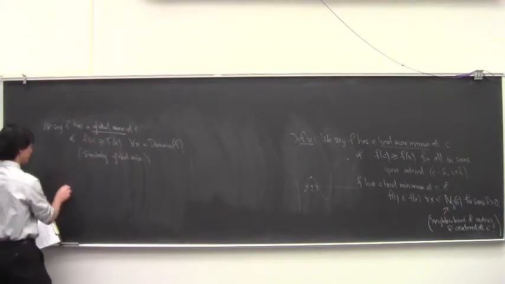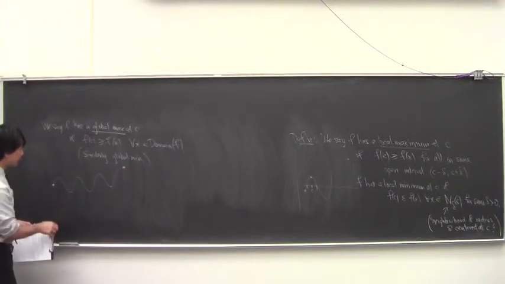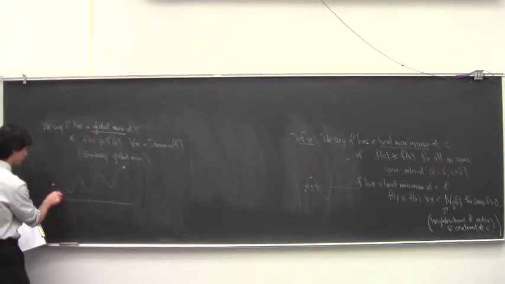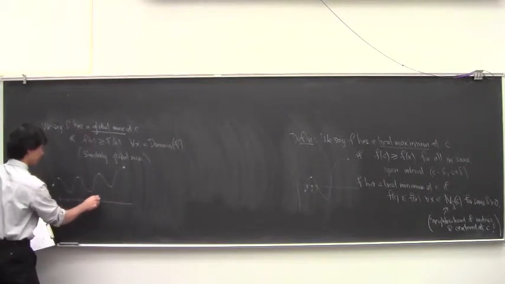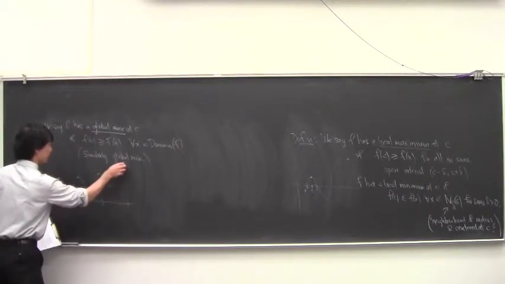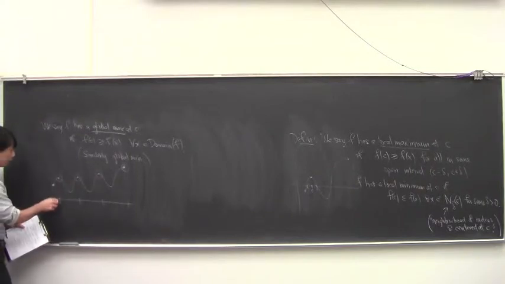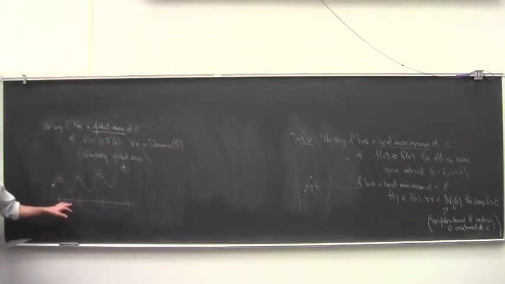Okay. So you have some picture like this. In this picture, take a look at it. Where are the local maxes? You see them. They're here. They occur at these heights. These guys are all local maxes, with these values.